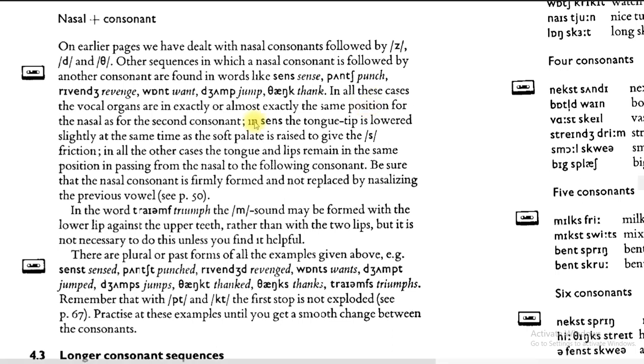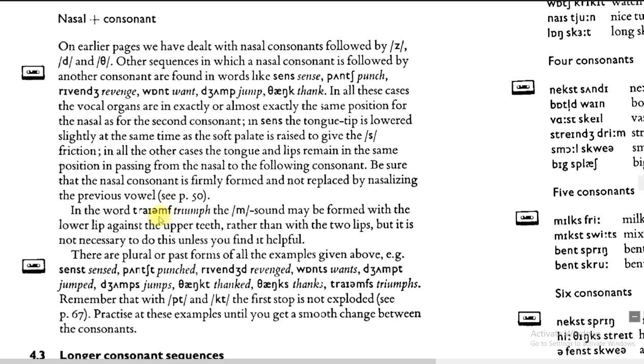And you are given here also a point, a note for you. It says that as for this example, triumph, maybe because the place of articulation for m is bilabial and f is labiodental, the manner is a little bit different between these two sounds.